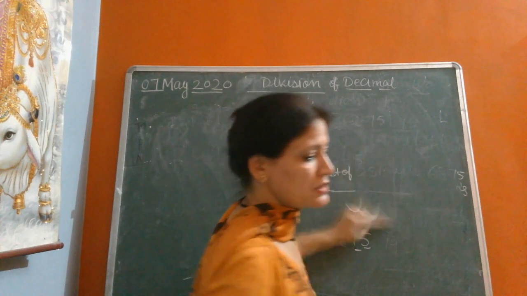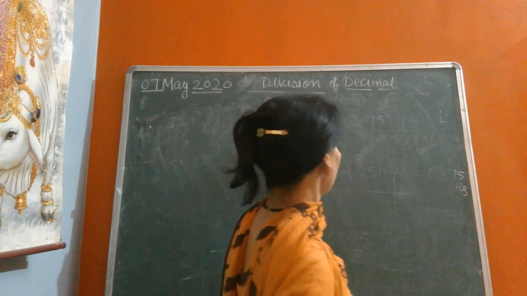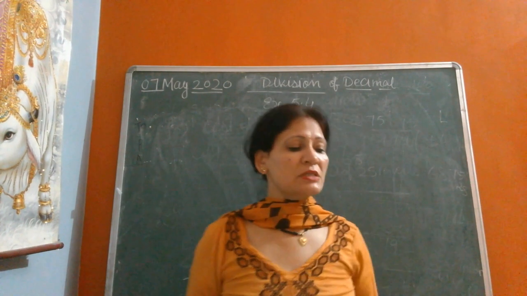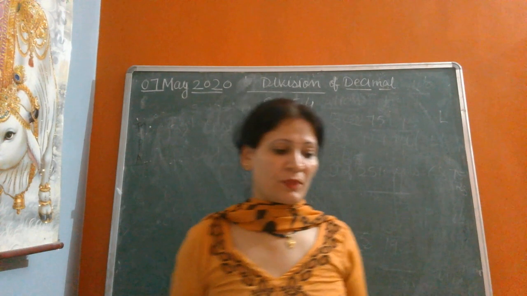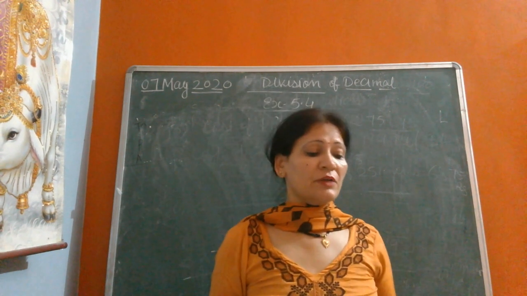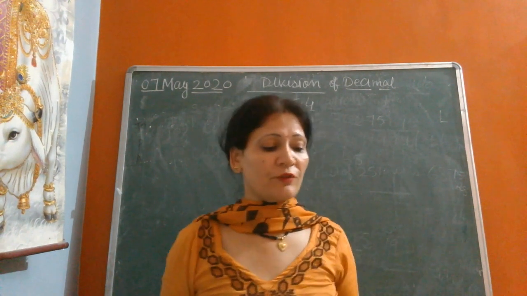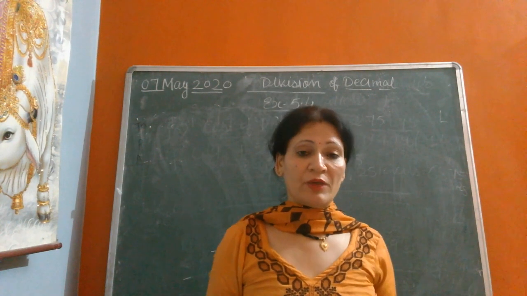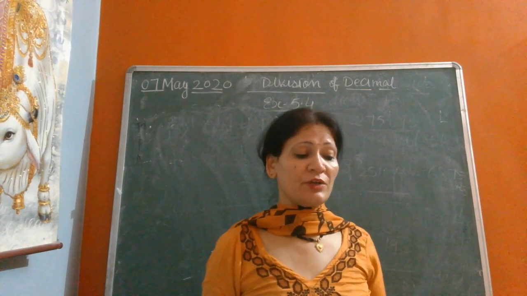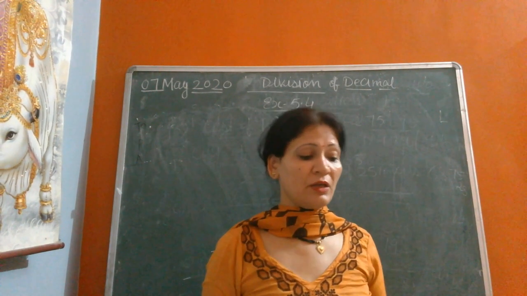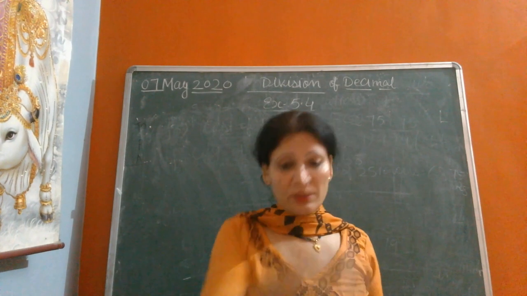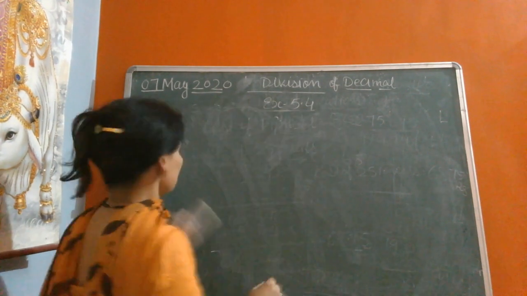Question 4 is: what length of cloth is required to stitch 35 suits, if 3.82 meters of cloth is required to stitch one suit? One suit requires 3.82 meters and 35 suits require how many meters?